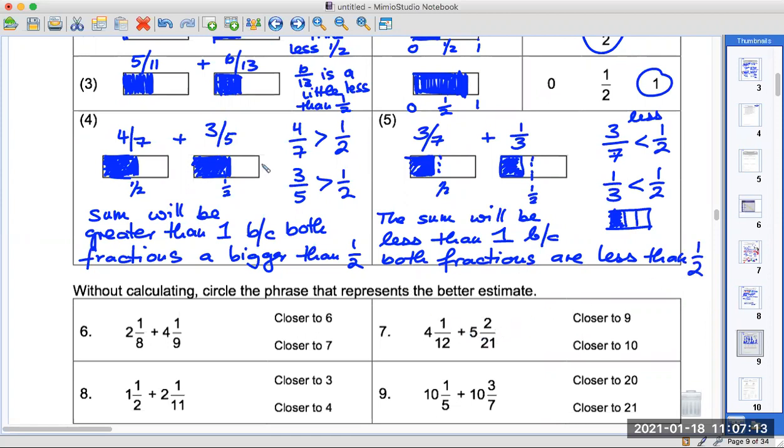Okay, so we're kind of just estimating where would it be if I add these two shaded parts. I get more than 1. If I would add these two shaded parts, I would have less than 1.